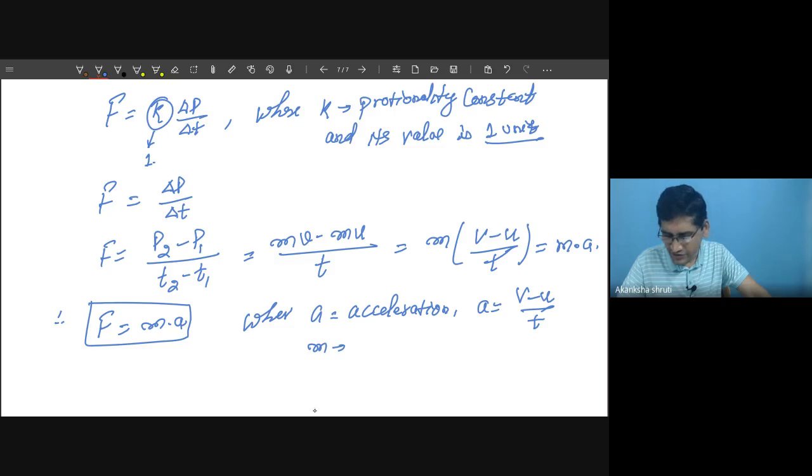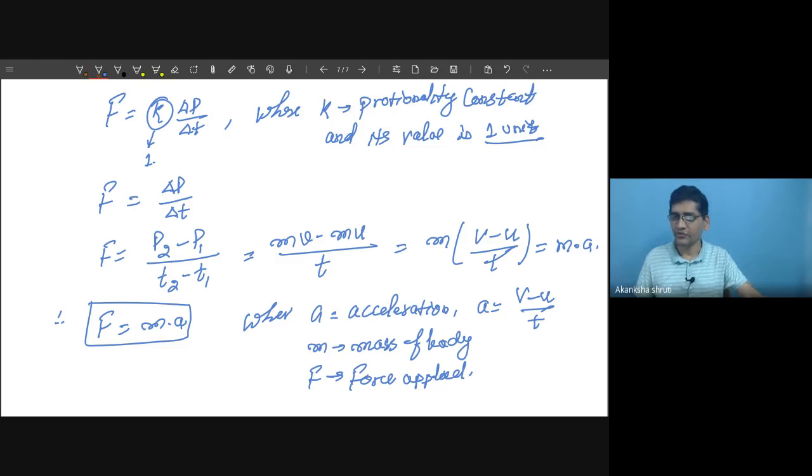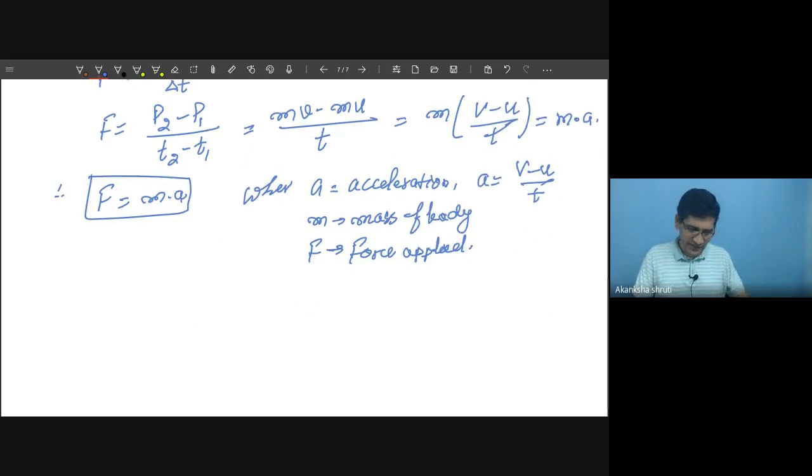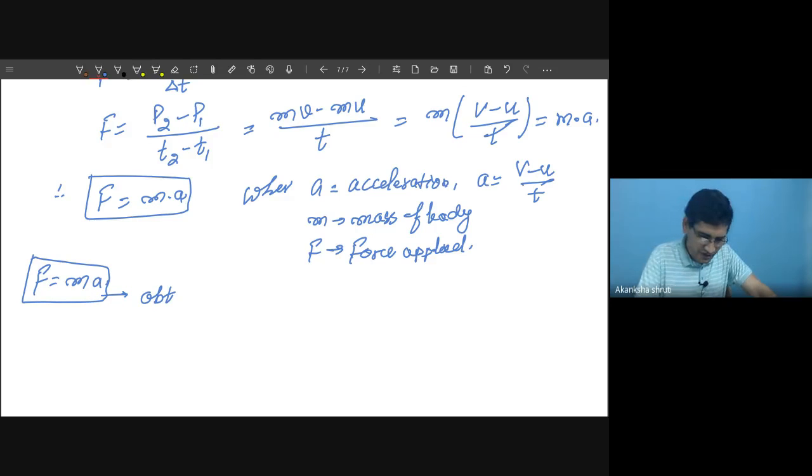M denotes the mass of the body, and F denotes the force applied or force generated in the body because of the change in its momentum. Student, this F equals ma is obtained from Newton's second law. So this is all right.